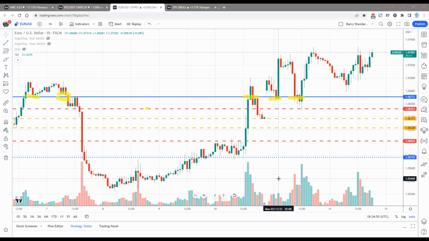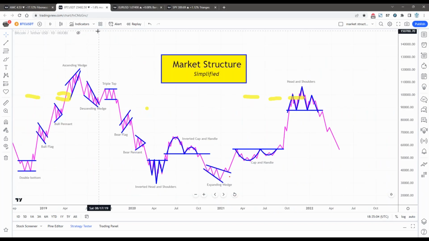So even though volume isn't a tangible number like you have in a stock exchange, it is a reliable number. So volume is important.